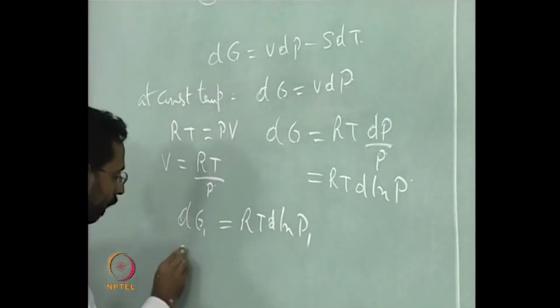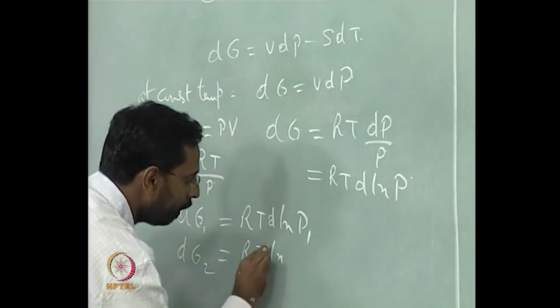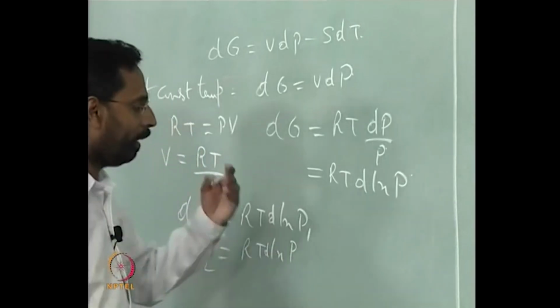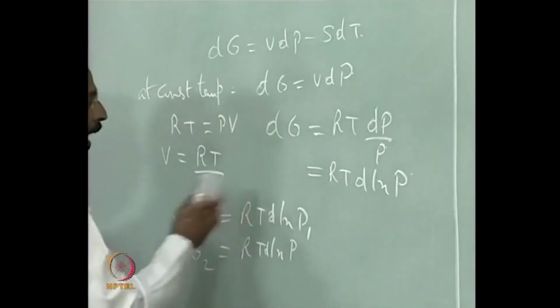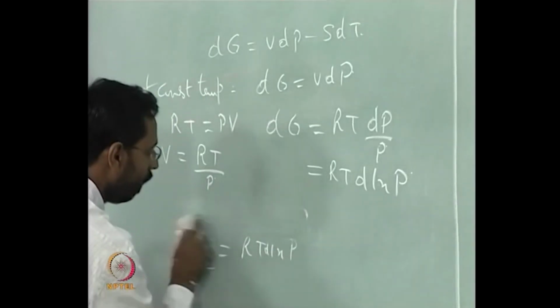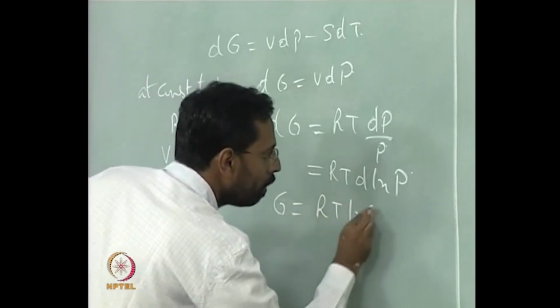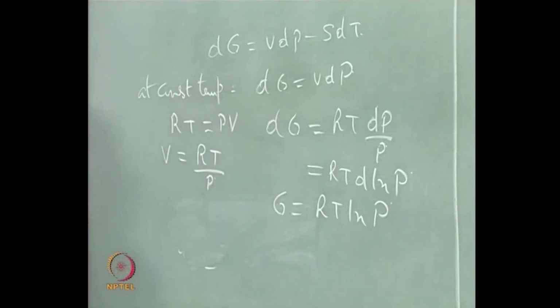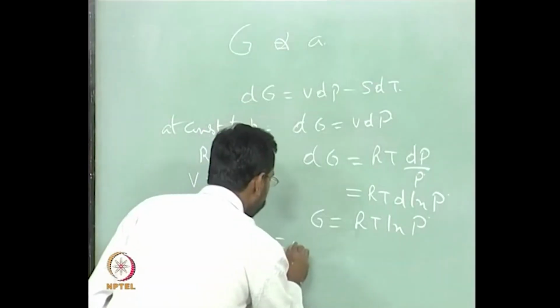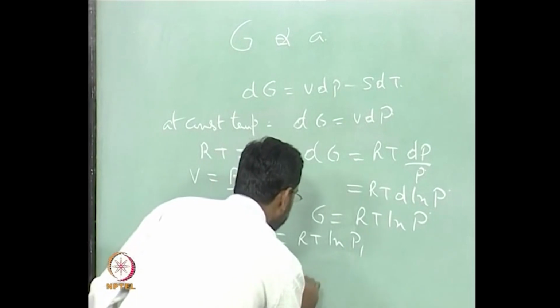I can write another dG2 as RT d ln P2, or if we can write it in terms of G alone, you can simply write G equal to RT ln P. The d can be removed. So once you write it, you can write G1 equal to RT ln P1 and G2 equal to RT ln P2.